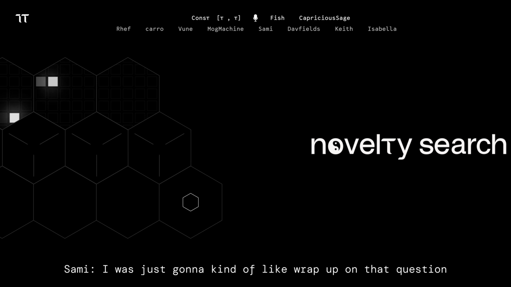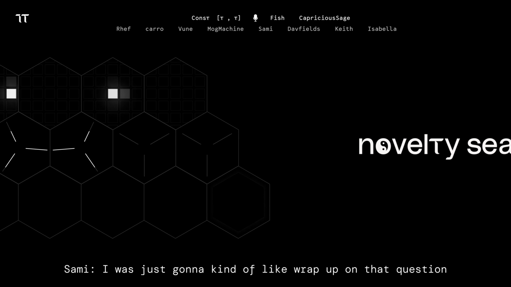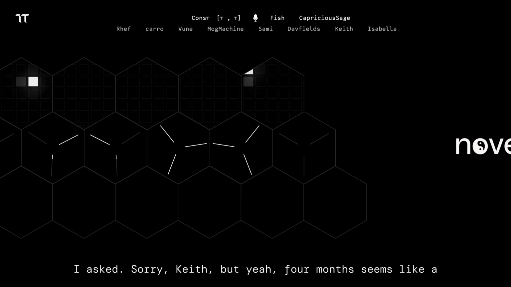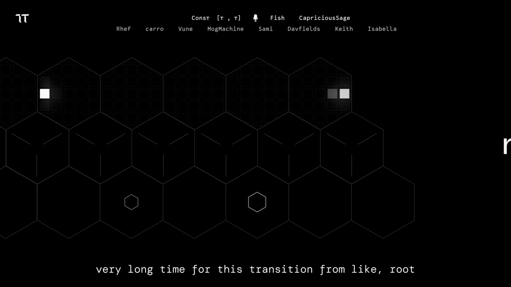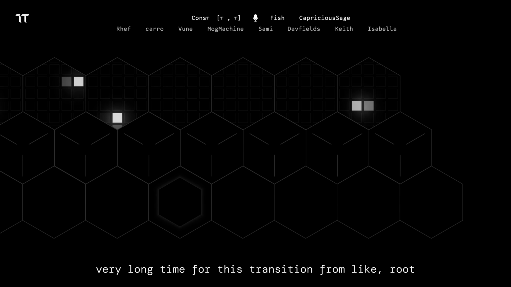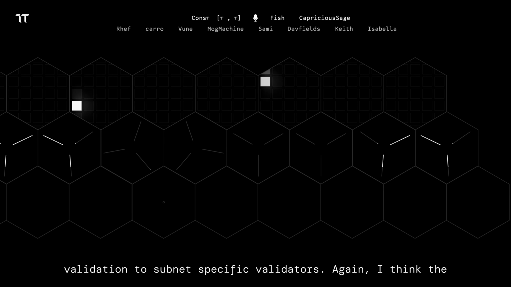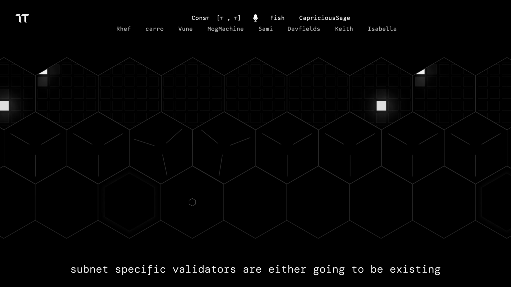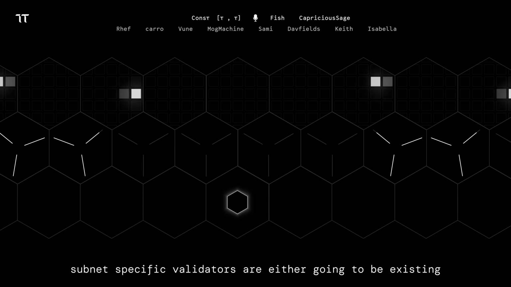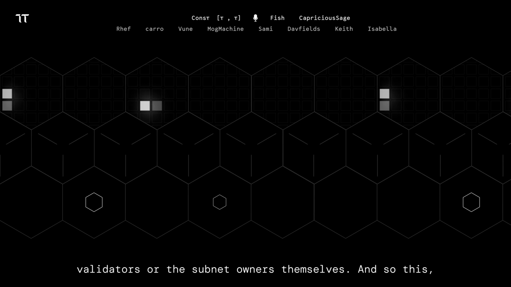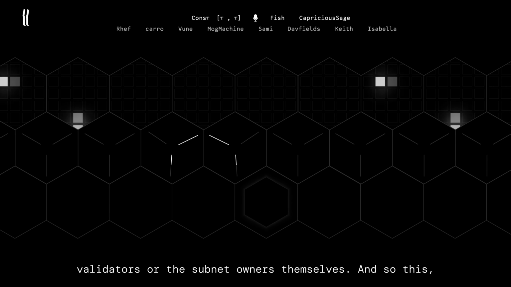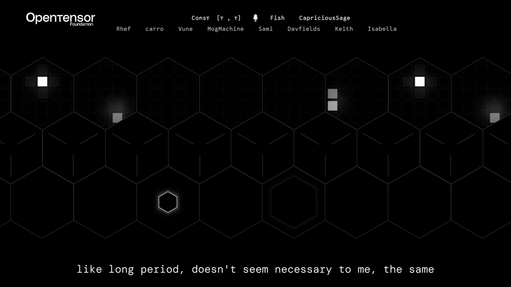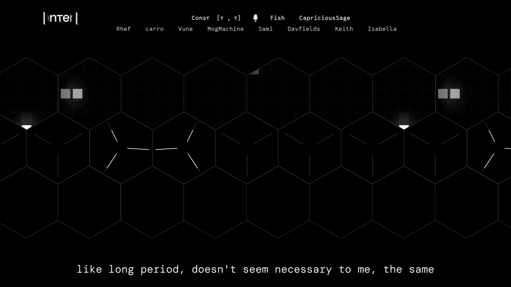I was just going to wrap up on that question I asked. Sorry, Keith. But yeah, 4 months seems like a very long time for this transition from root validation to subnet specific validators. Again, I think the subnet specific validators are either going to be existing validators or the subnet owners themselves. And so this long period doesn't seem necessary to me.